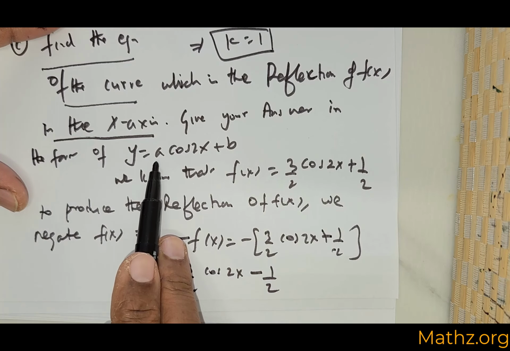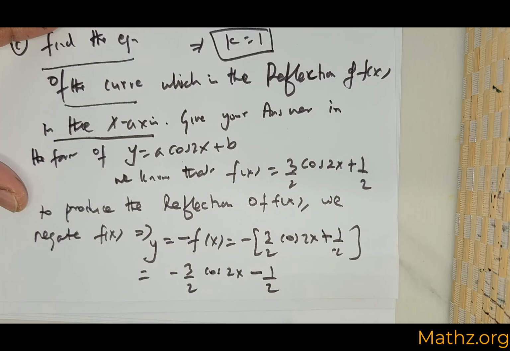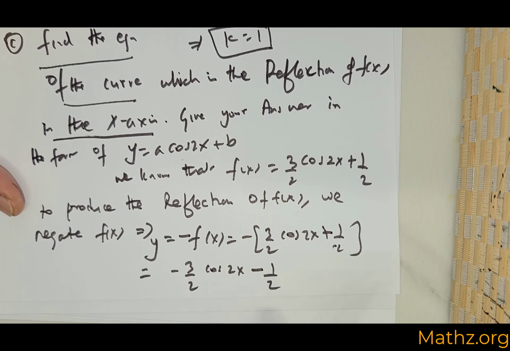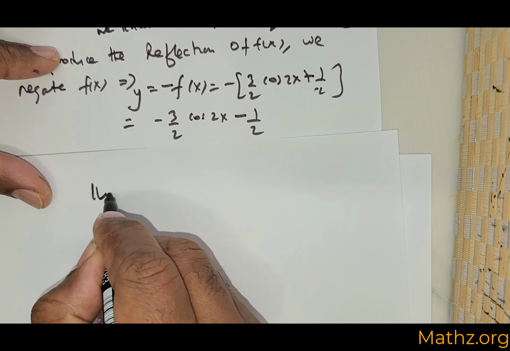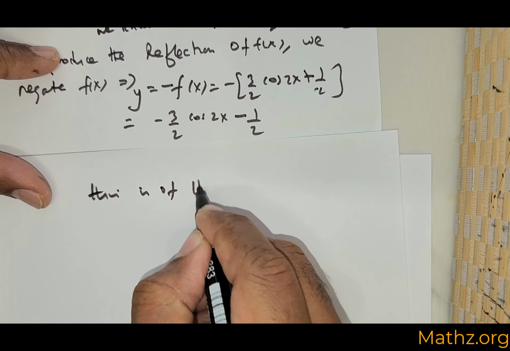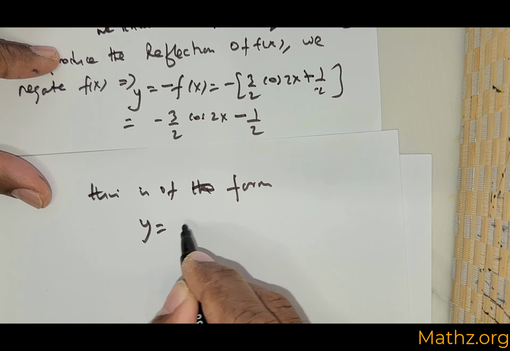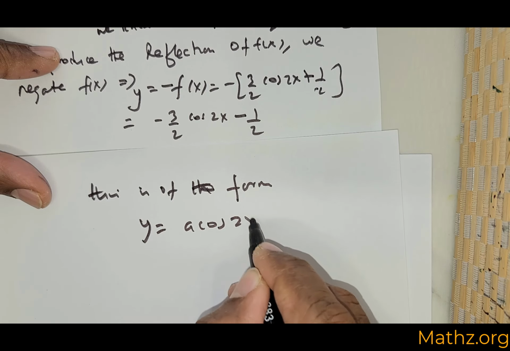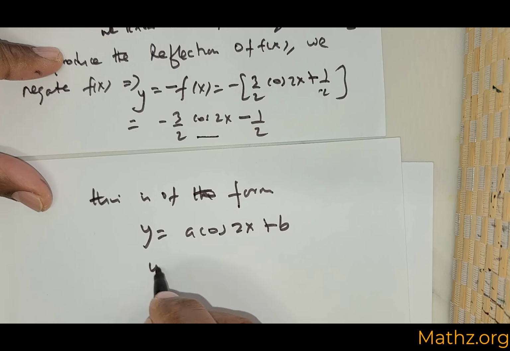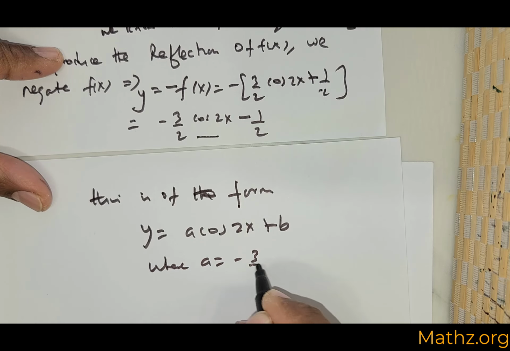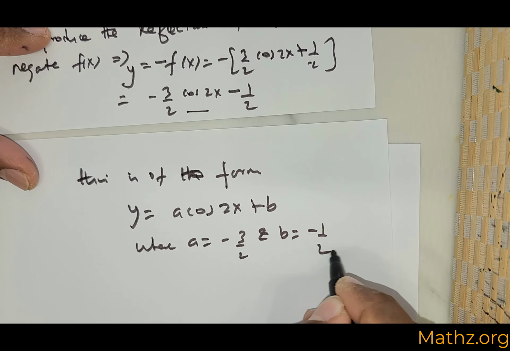Now they are asking us to produce it in the form y is equal to a times cos 2x plus b, where a is equal to negative 3/2 and b is equal to negative 1/2.